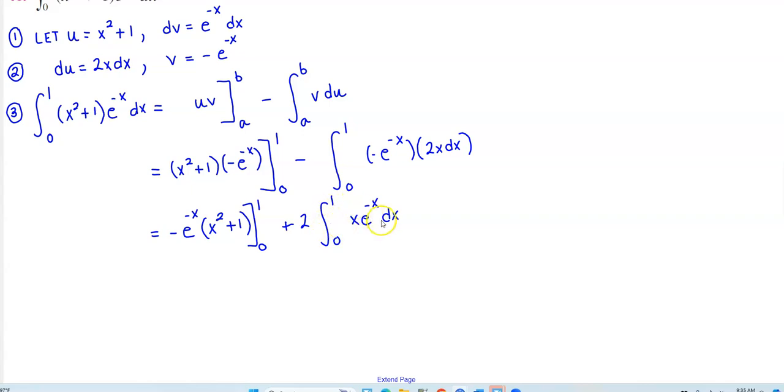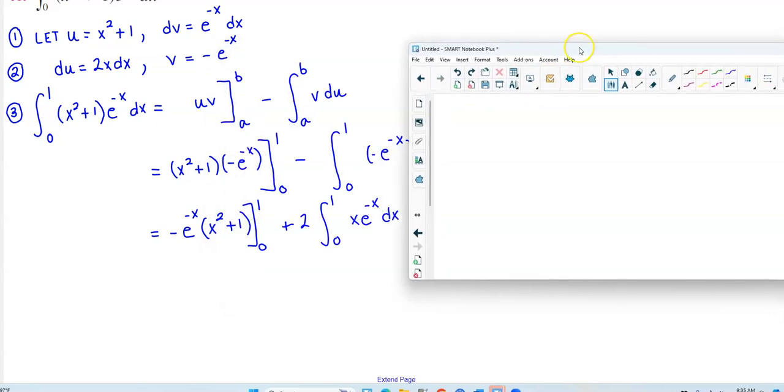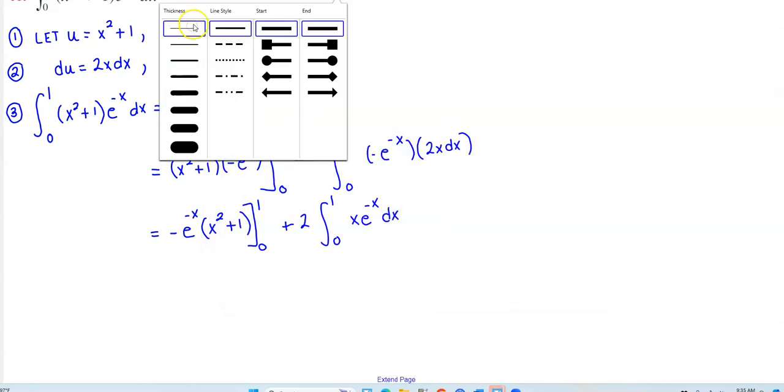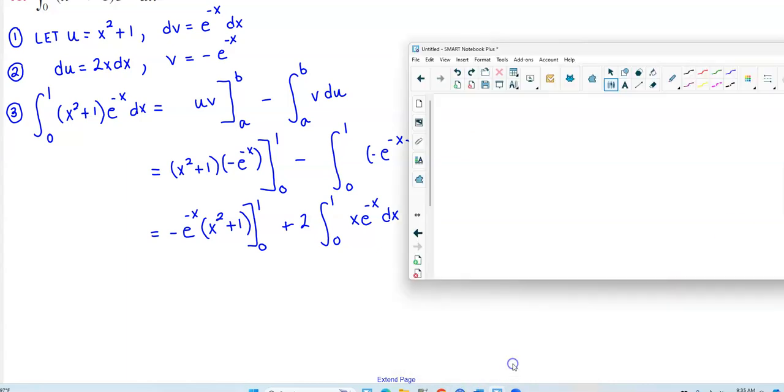And so now we need to then integrate by parts this integral again. So we're going to go ahead and do that. So we're going from 0 to 1 x e to the negative x dx.